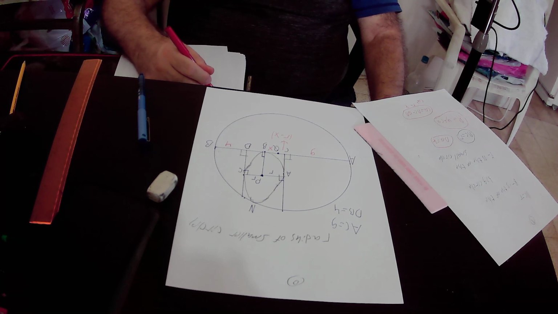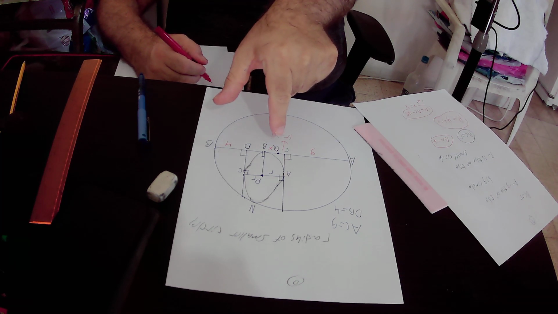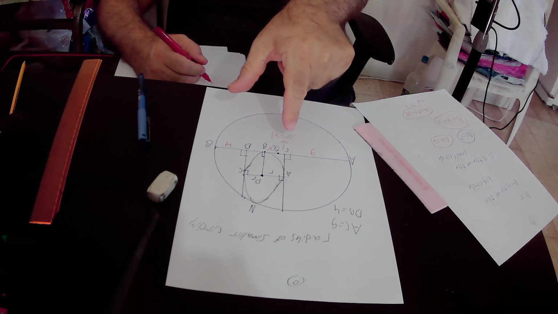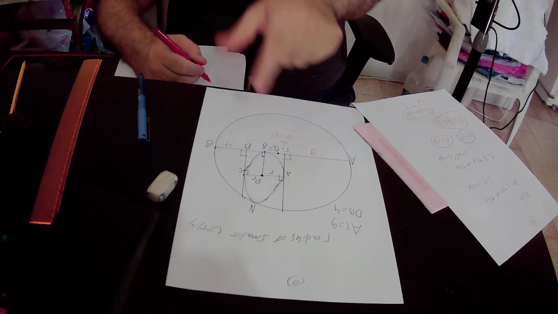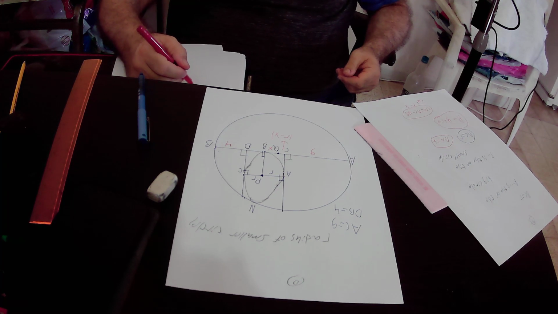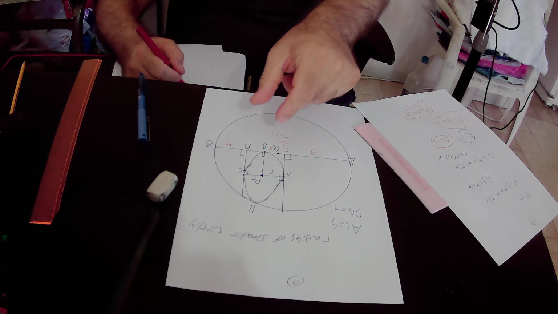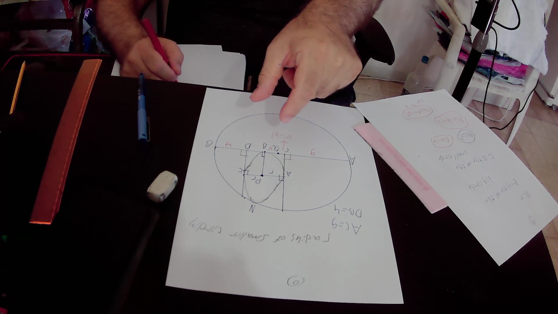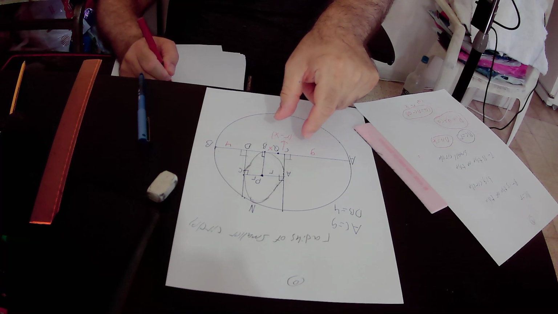But we can calculate the radius of the big circle from the other side, because Q is the center of the big circle, so QB is the radius of the big circle, and the value of QB will be equal to 4 plus BD, but BD is actually the radius of the small circle.